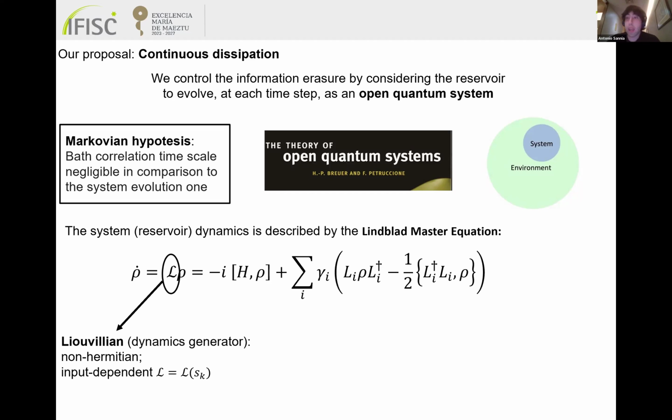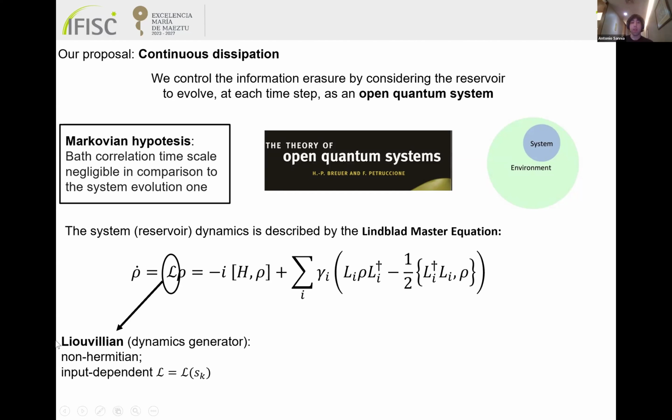And in our case, we want a dynamical system that will depend on the input, so we will consider this Liouvillian to be a function of the input that we want to inject into the reservoir. So it will depend on the time series that we are analyzing.